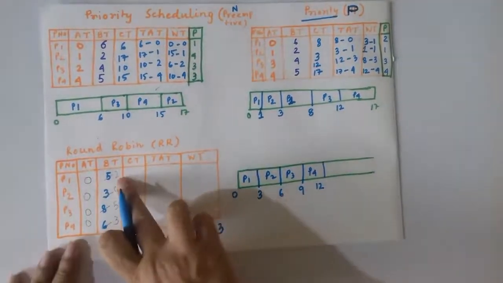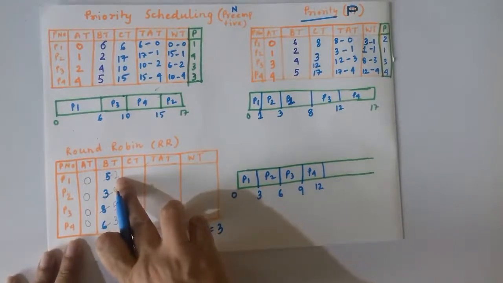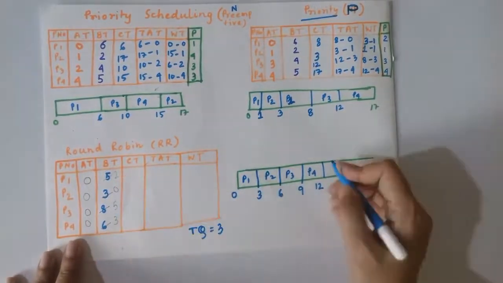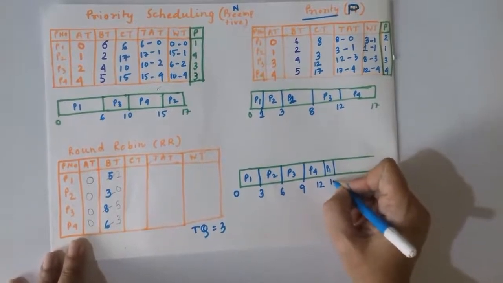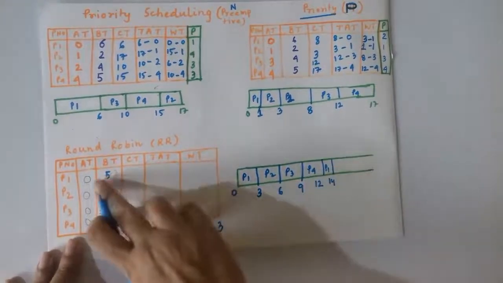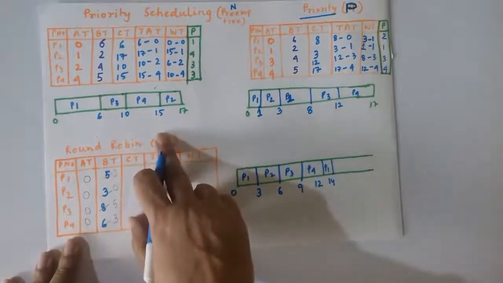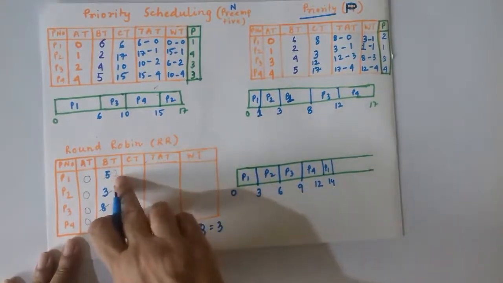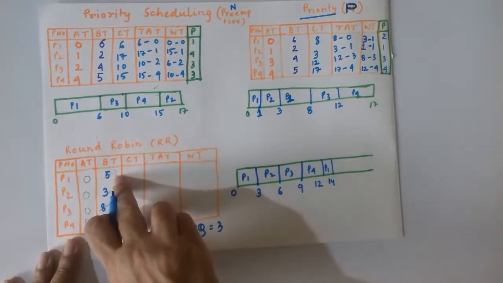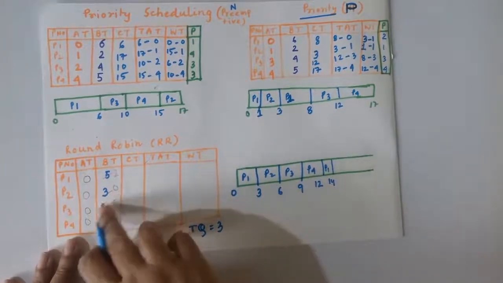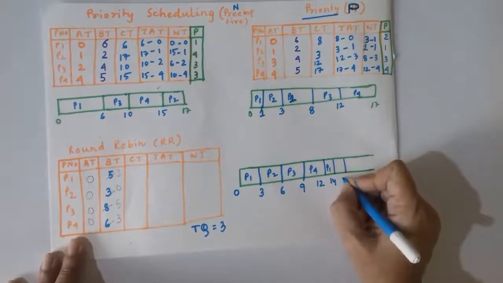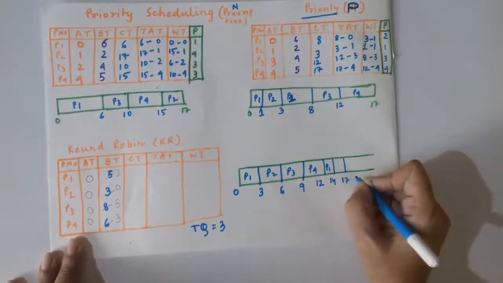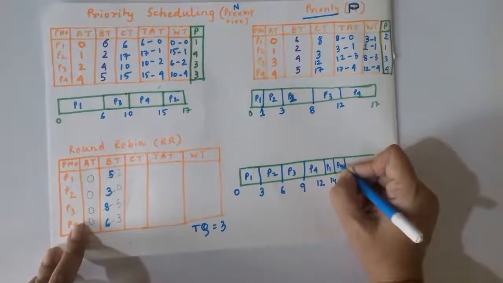In the next round, you see P1 is only left with 2 work units, so we will give 2 work units only to P1. So it will be 14. P1 releases immediately after it executes the CPU, as it needs only 2 units of CPU time. Next, P2 is done. So for P3 again 3 units of CPU time will be given, so 14 plus 3, it will be 17 for P3.